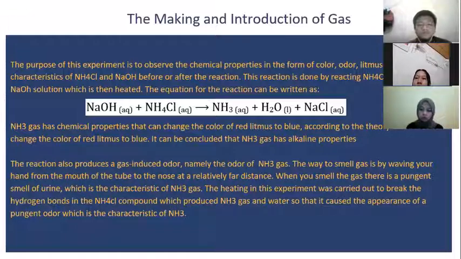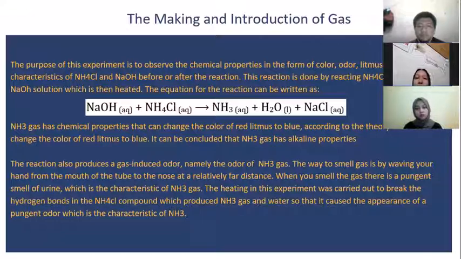This reaction is done by reacting the ammonium chloride crystals with 2 molar natrium hydroxide solution, which is then heated. The equation for the reaction can be written as natrium hydroxide reacted with ammonium chloride produce ammonia plus water plus natrium chloride.